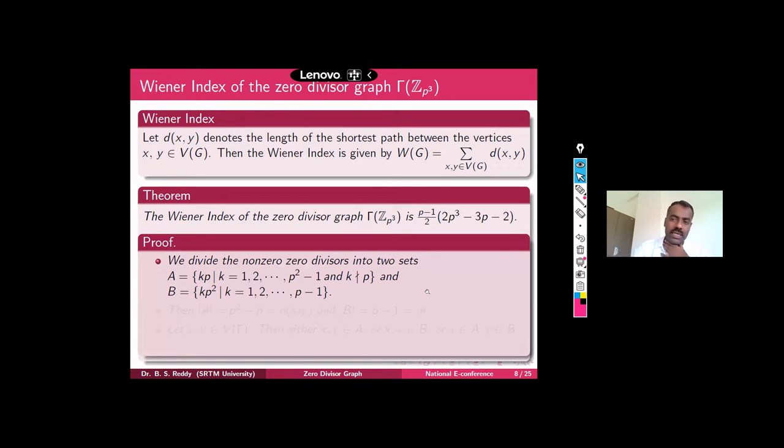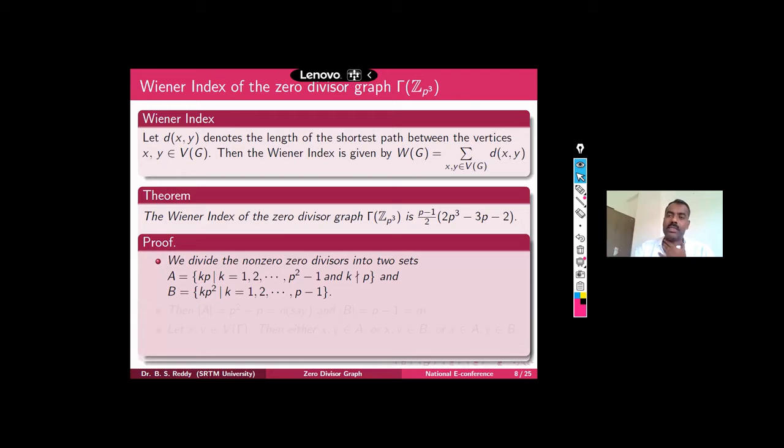I'll show you the later paper by Pirzada. They approached it in a similar way. They split the vertex set into multiples of p, multiples of p square, multiples of p cube, and so on.